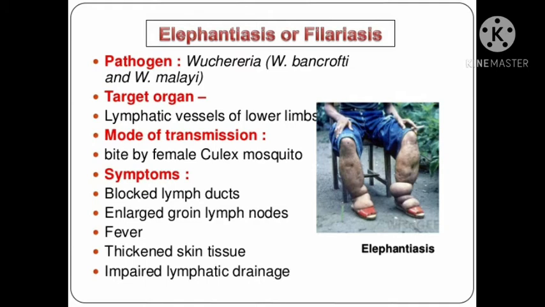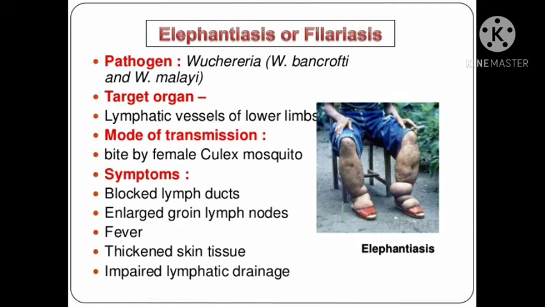So in this case also, from the time of infection till the time symptoms show up, there could be a lag. The lag could be a few weeks, months, or in some cases, as recorded in medical history, could be years together, where the pathogen is sitting safe inside the lymph nodes without causing any damage to the organ involved. So that is all about elephantiasis or filariasis.